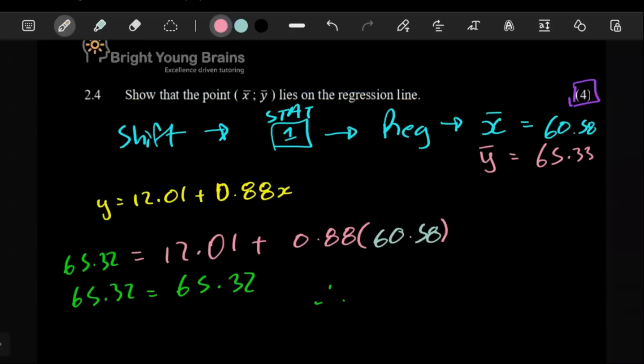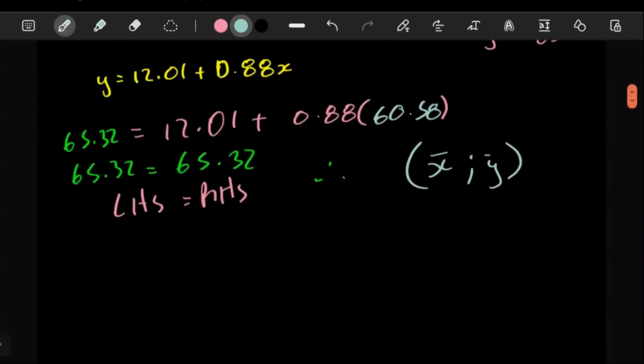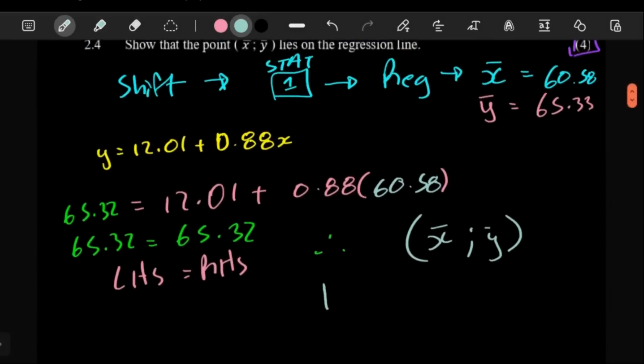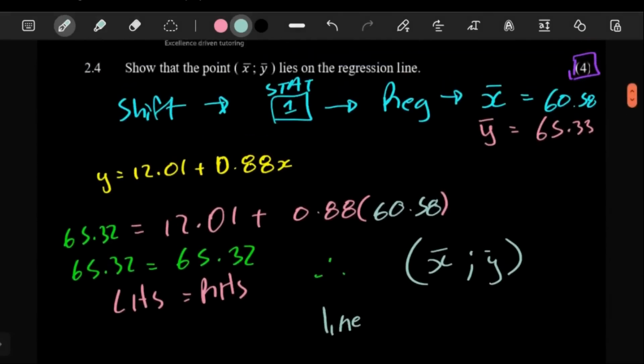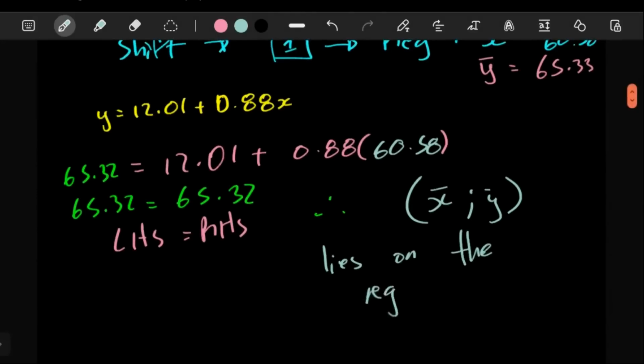As long as our equation balances out, left hand side, right hand side, we can easily say, therefore, we know that this point lies on the regression line.